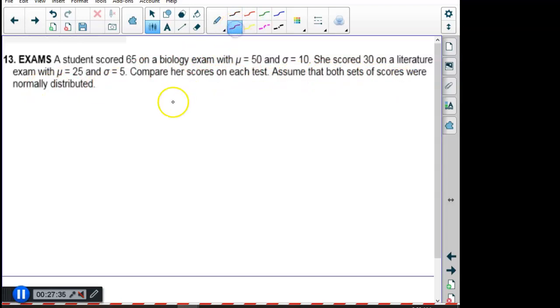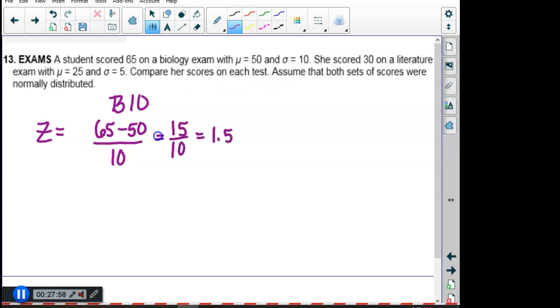A better way to do this is just to figure out how far she was from the mean. So on the bio test, she had a z-score, or distance from the mean, of 65 minus 50, divided by 10, the standard deviation.